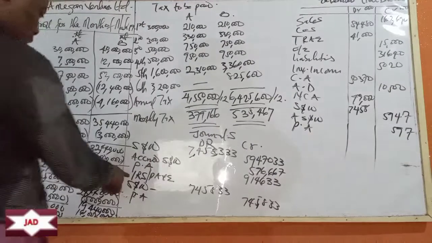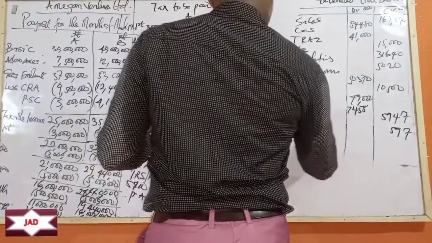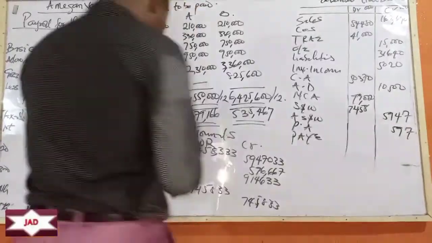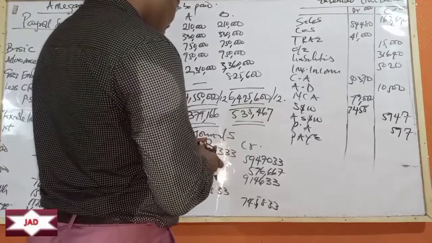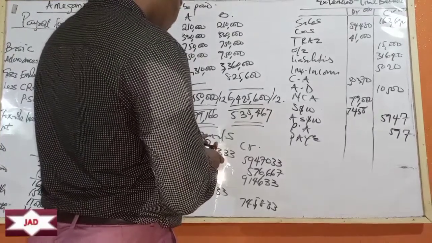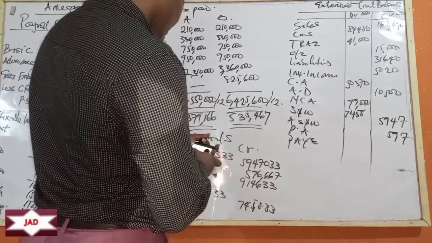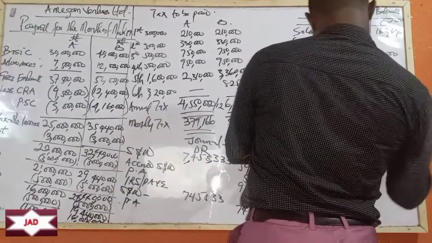The next one is pay as you earn, the credit side. We have 914,633 divided by 1,000, so we have 915 approximately.